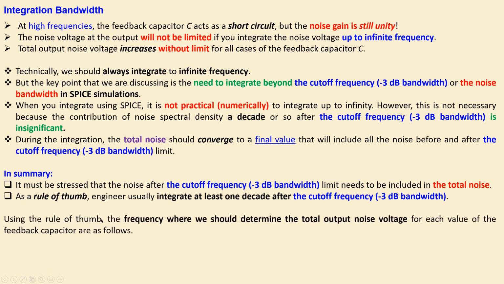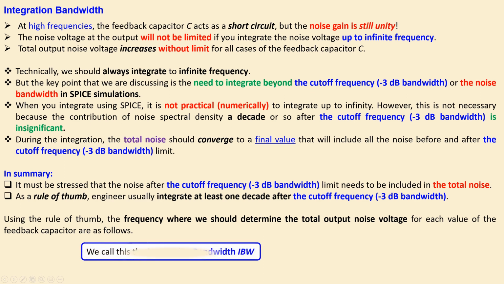So using the rule of thumb given here, the frequency where we should determine the total output noise voltage for each capacitor value, but in this case we have just one capacitor value, will be then called the integration bandwidth. And that integration bandwidth is then 10 times, which is 1 decade, the signal bandwidth of the first stage, which is of course determined by our pole frequency.